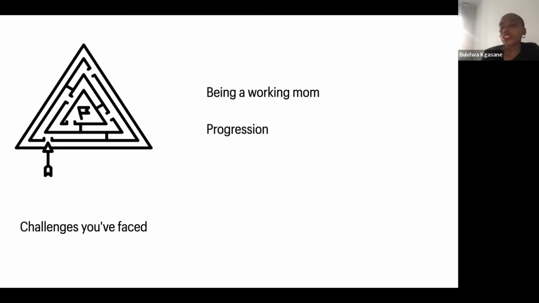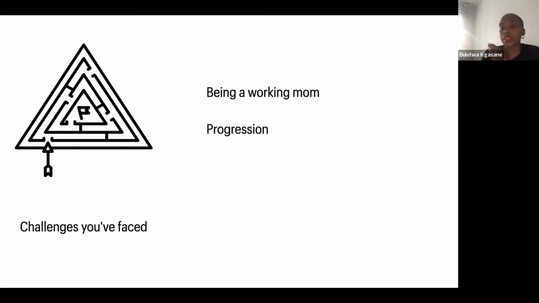So it was challenging at first, and I found that I was progressing a lot slower than my peers, other women as well, who are not necessarily having to be away that long. So it's just been my personal challenge.